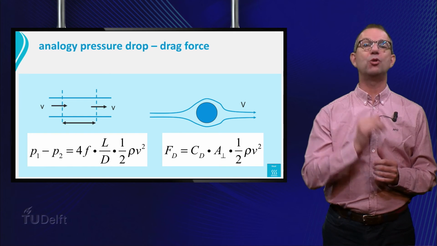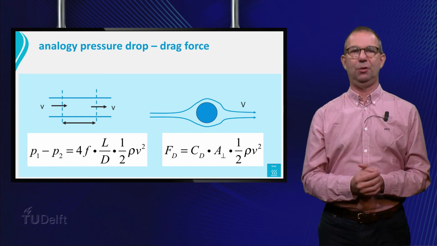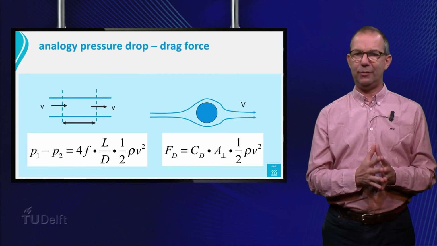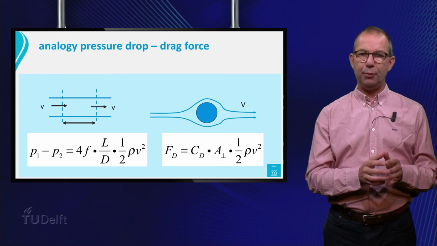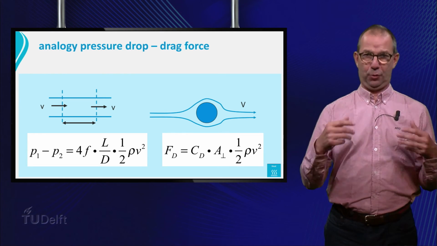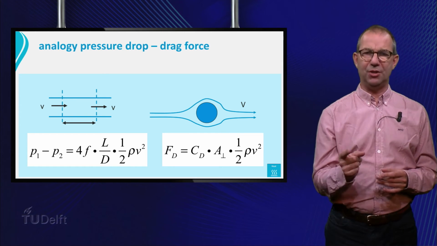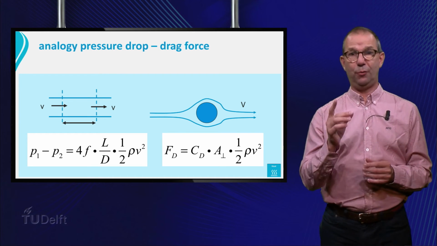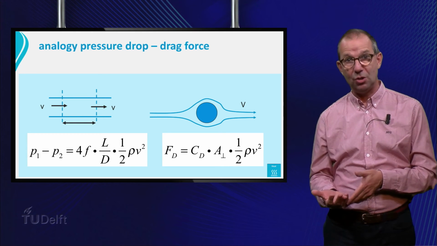Okay, we're almost done. All we need is an expression for the fanning friction factor, or a table or graph. But before we give that, let's first look at a nice analogy. Pressure drop in a pipe versus drag force on, say, a sphere. Look at both equations. They are quite alike. That's logical, because for the drag force we had an identical analysis with the same arguments.